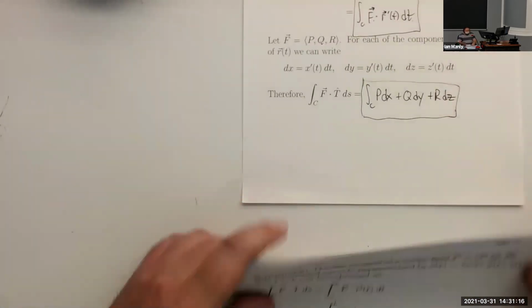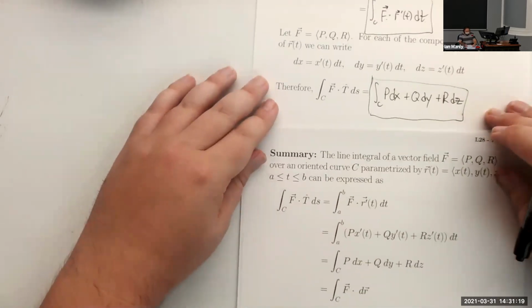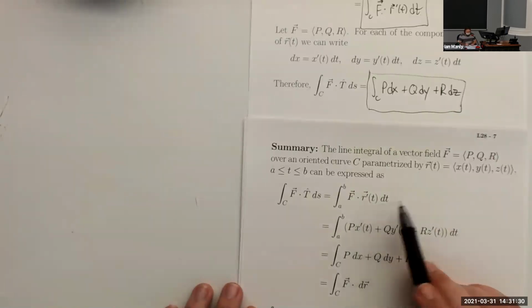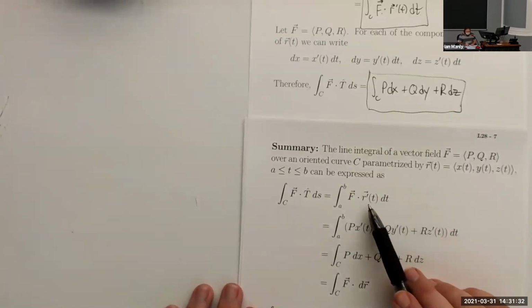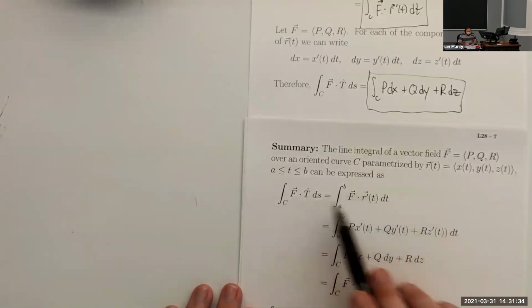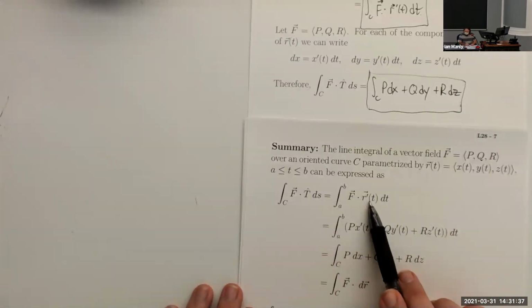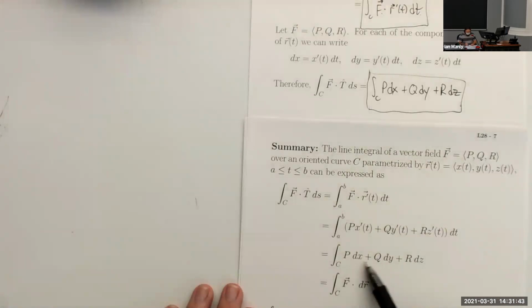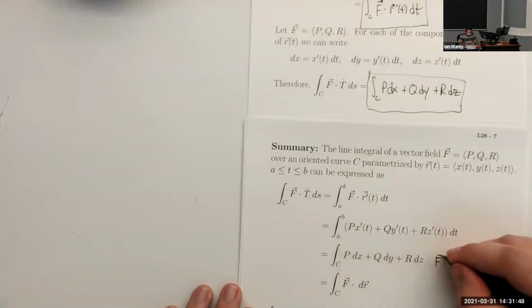Okay, here's kind of a summary of everything that's happened so far with these, and then we'll actually do one. The line integral of a vector field over an oriented curve C parameterized by R of t can be expressed in this way. So this is kind of just redoing everything we just did here. We did this part in the first section of the last page. We wrote this right here. And then one way of writing this now is P, Q, and R is F, right?